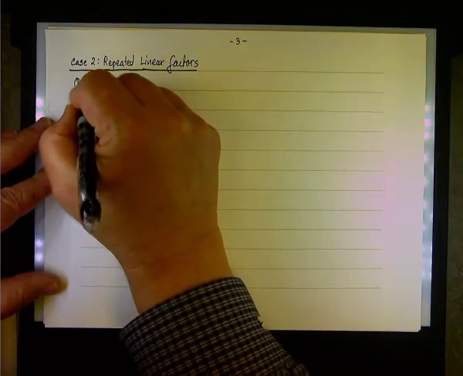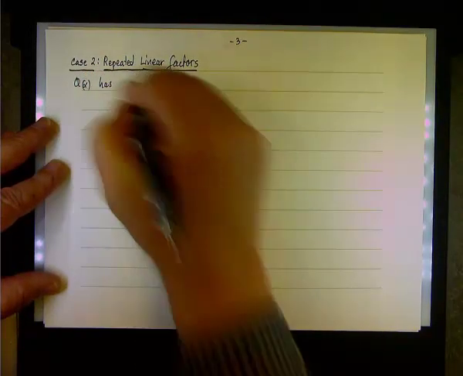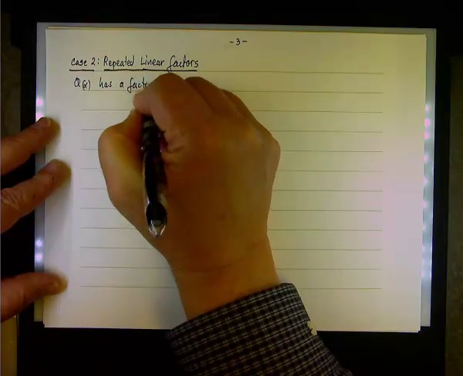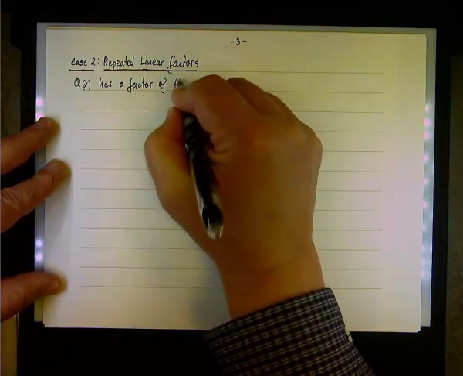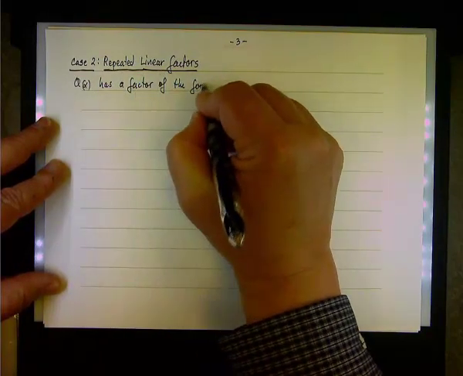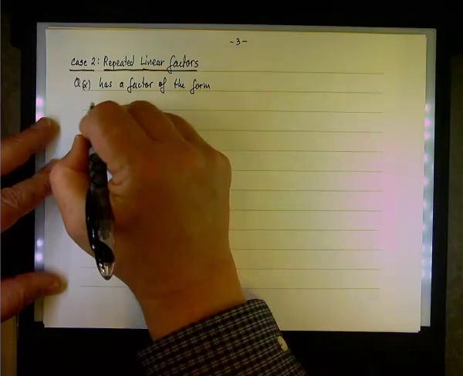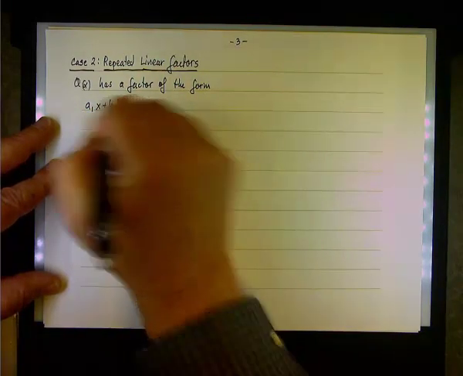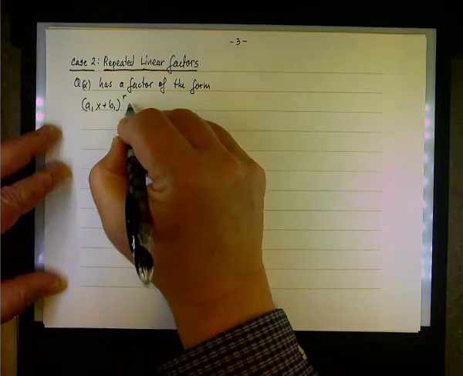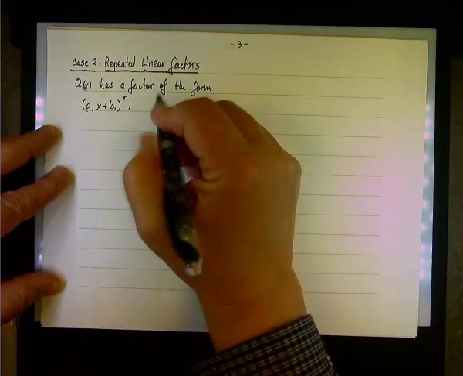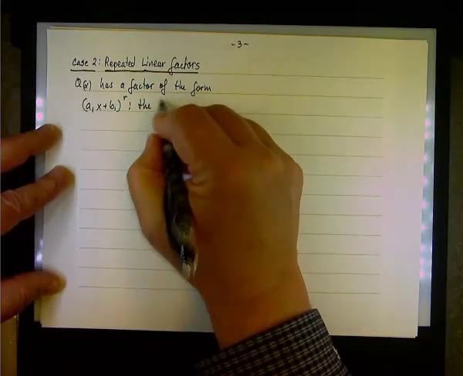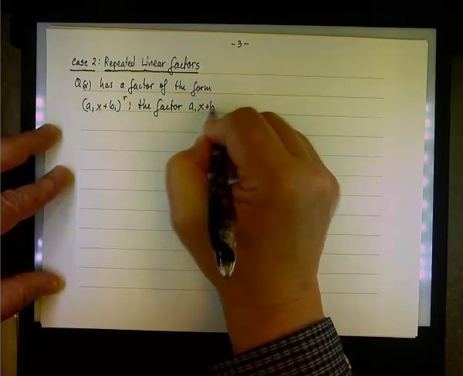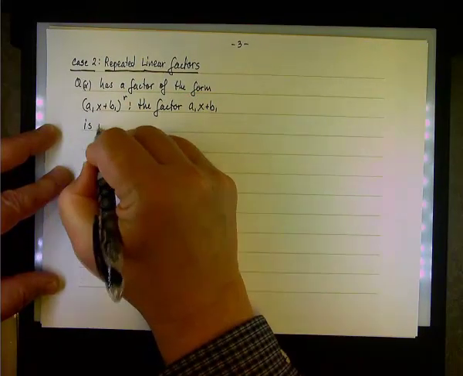In this case, Q of x has a factor of the form a sub 1 x plus b sub 1, except it is raised to the power of r. What does it mean? It means that the linear factor a sub 1 x plus b sub 1 is repeated r times.